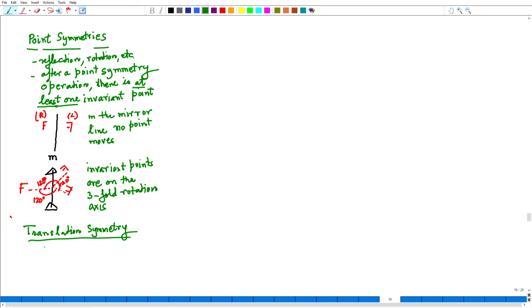Well, in the case of translation, every point moves in space, and therefore there are no invariant points. Though this definition of invariant points may look trivial, it comes in handy when we are trying to solve some symmetry related problems.